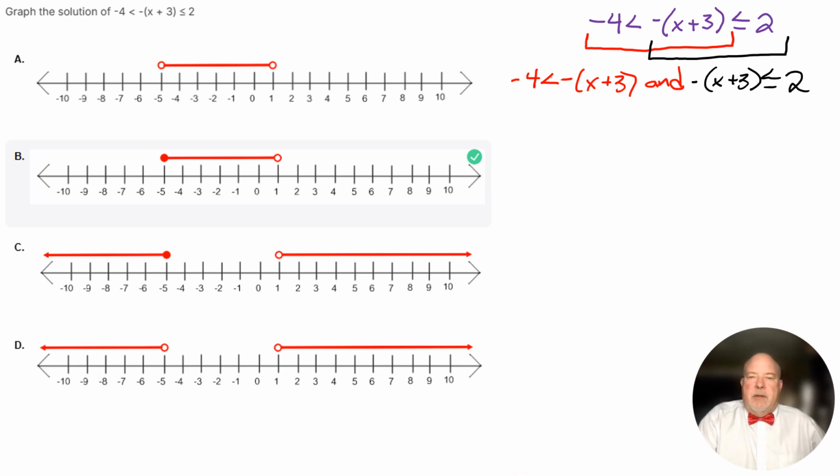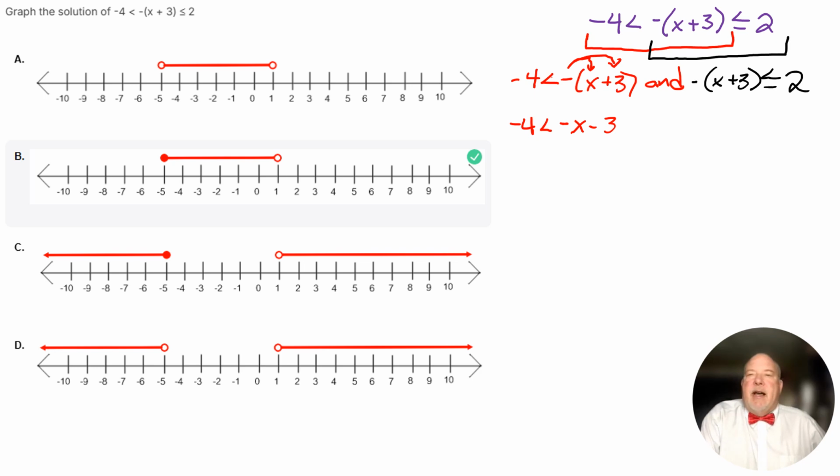Let's start with the one on the left. The first thing I'm going to do is distribute this negative sign in here. That leaves me with -4 is less than negative x, and that becomes -3. That negative sign, by the way, is like -1, so I'm distributing a -1 in there.